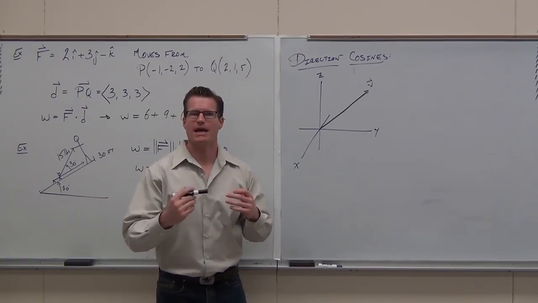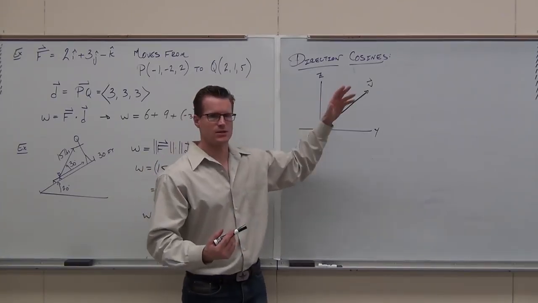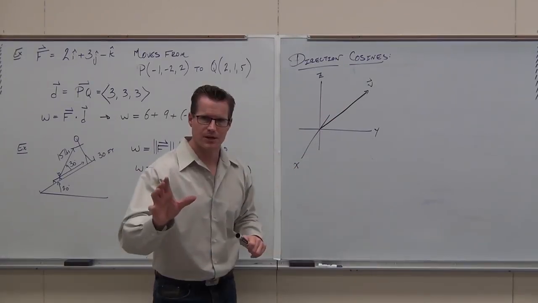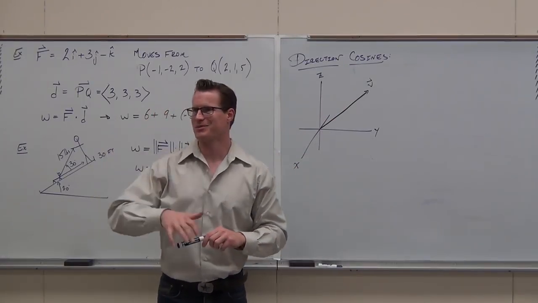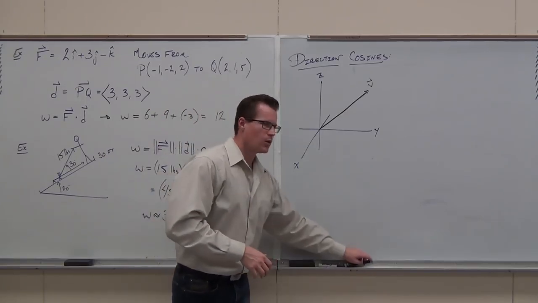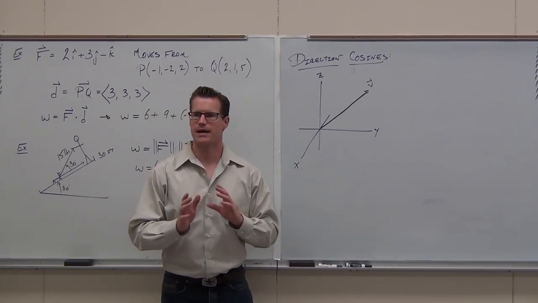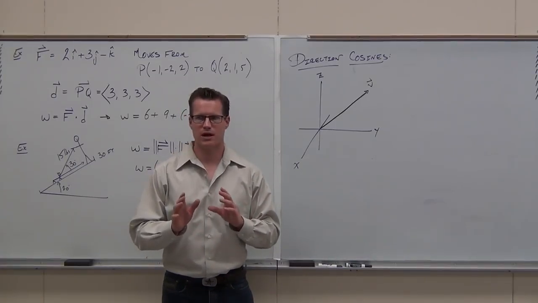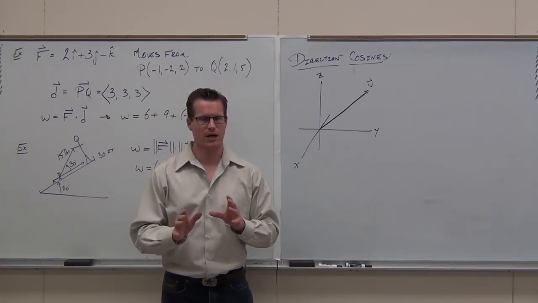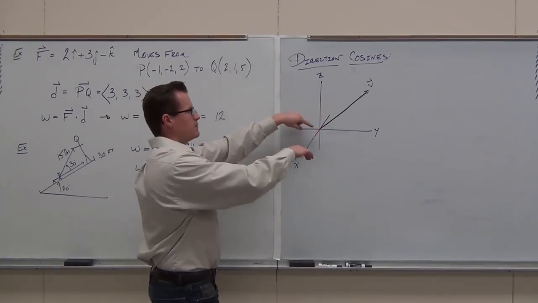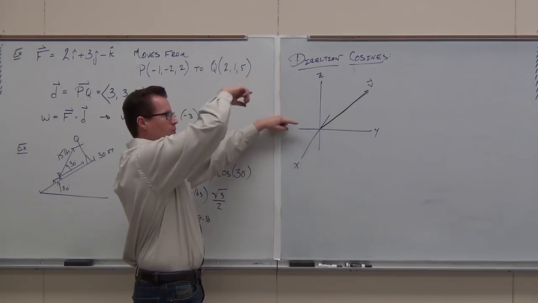Here's what we're going to describe right now: the angles that this vector makes with each of the 3 axes. So here's how to picture it so that your head doesn't explode. We're going to first talk about the angle this would make with the x-axis. Trust me, you got to listen right now, otherwise it's not going to sink in. Imagine this vector making a cone around the x-axis.